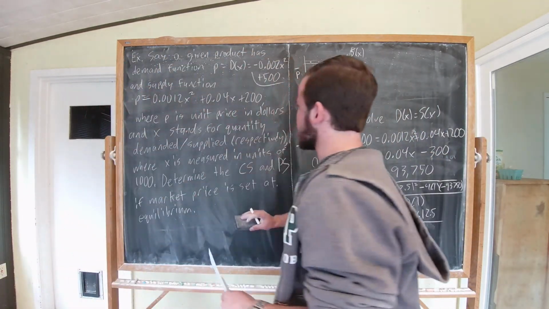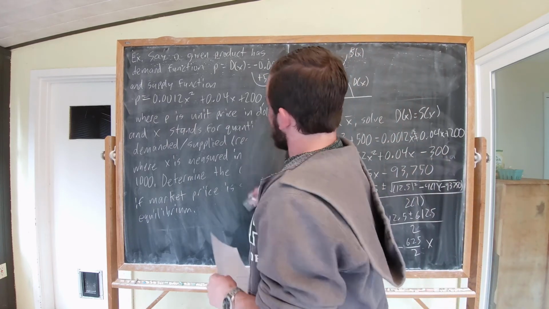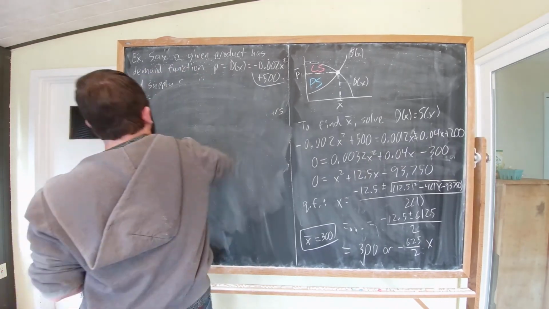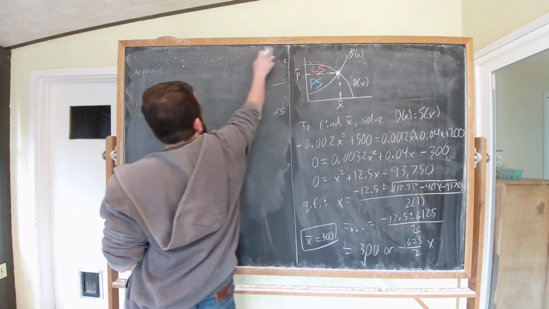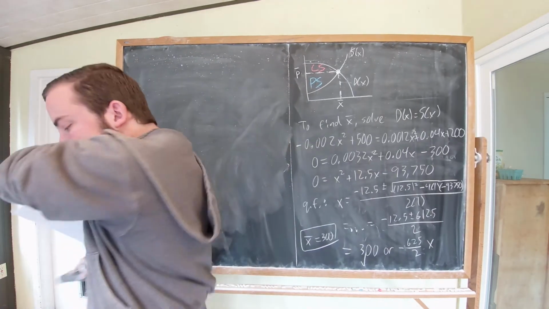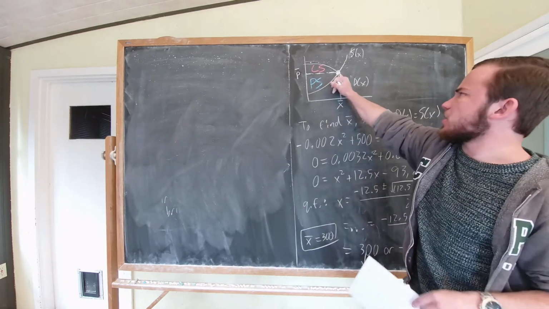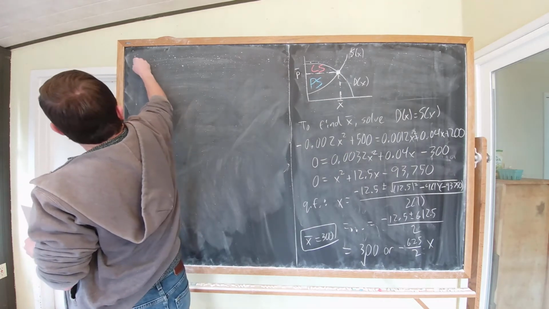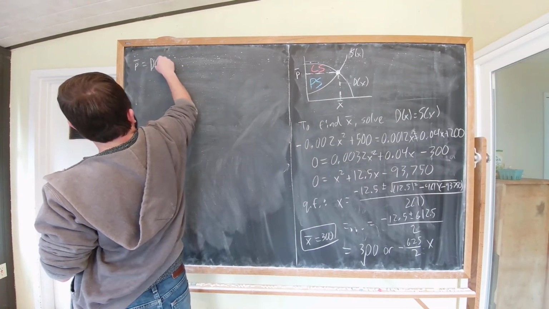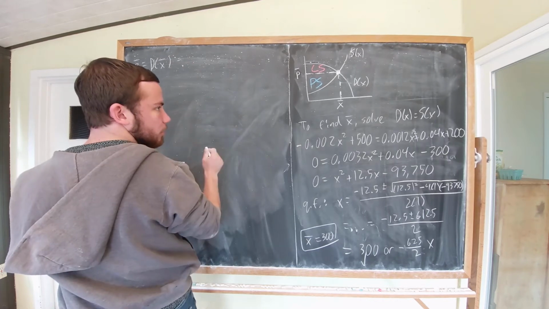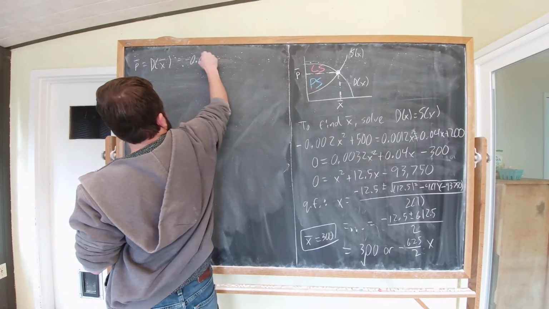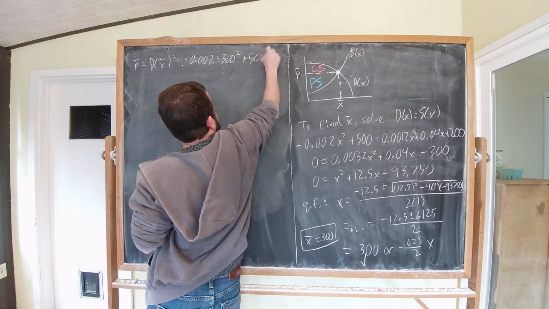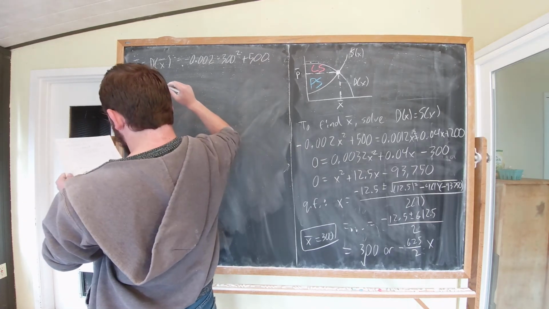Alright, so once we have x bar, how do we find p bar? Well, we plug back into either D of x or S of x. Either will work, because this point is on both graphs. So, without loss of generality, p bar is equal to D of x bar, which is negative 0.002 times 300 squared plus 500.